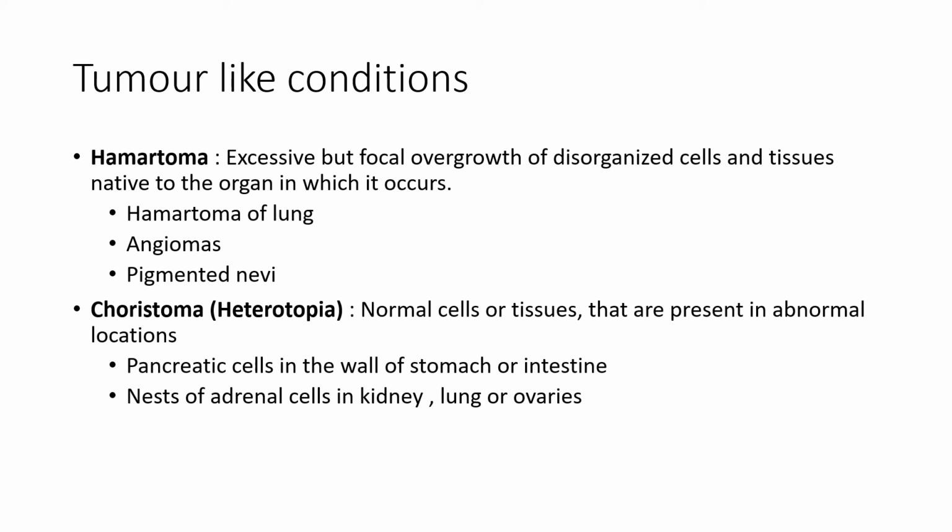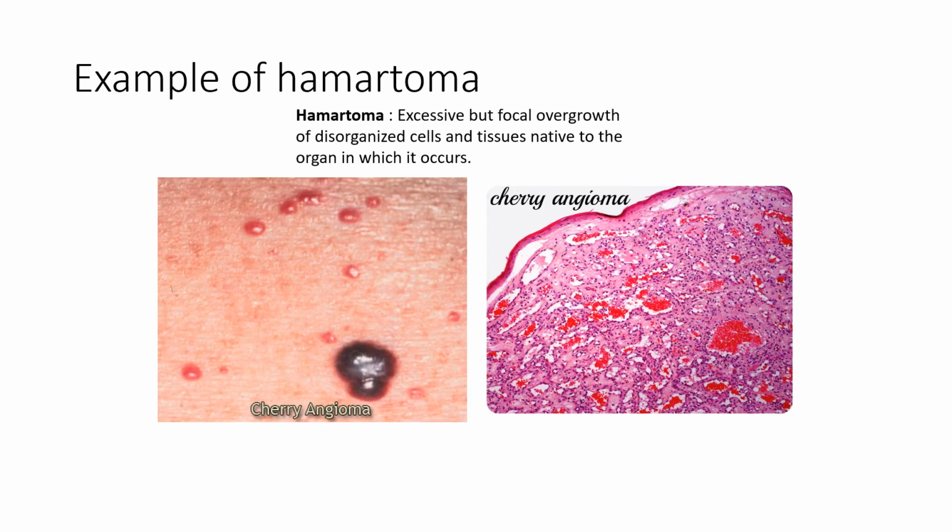It is defined as normal cells or tissues that are present in abnormal locations. Examples of these are pancreatic cells in the wall of stomach or intestine, or nests of adrenal cells in kidney, lung, or ovaries.